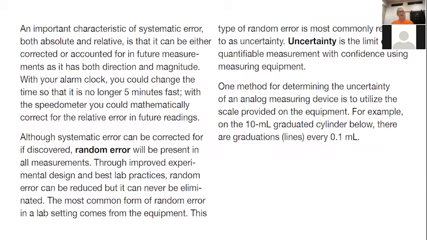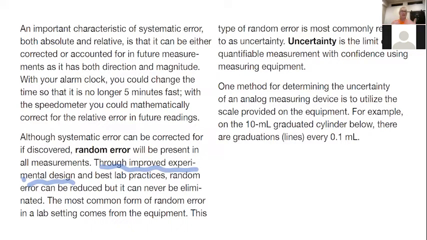So random error, that's where we come in. Random error is just really not something we can do much about. Like it says here, we can get better at designing experiments and work longer in the lab. Someone who's been working in the lab for 20 years is going to do a better job at reducing the error in their measurements than someone who just started last Wednesday.